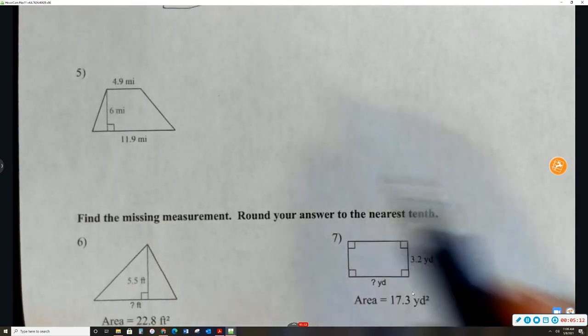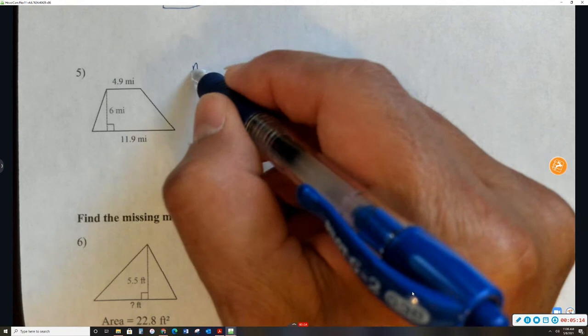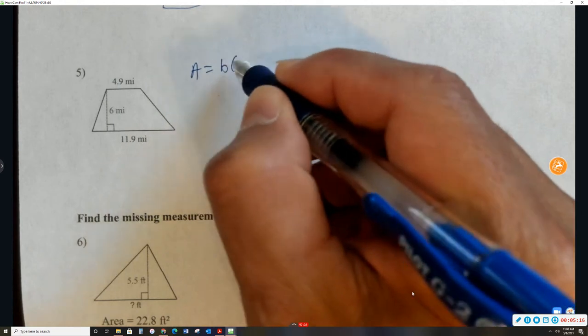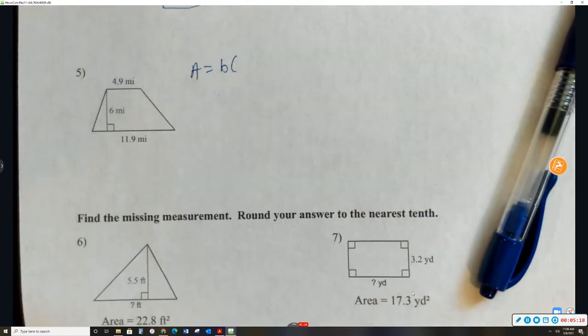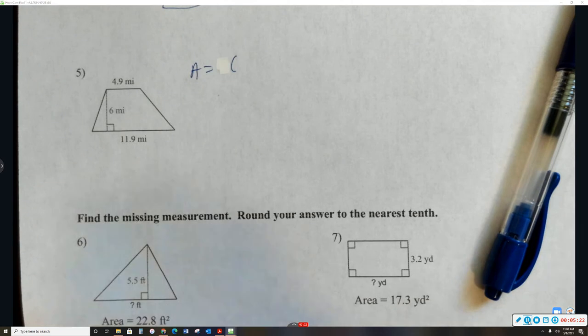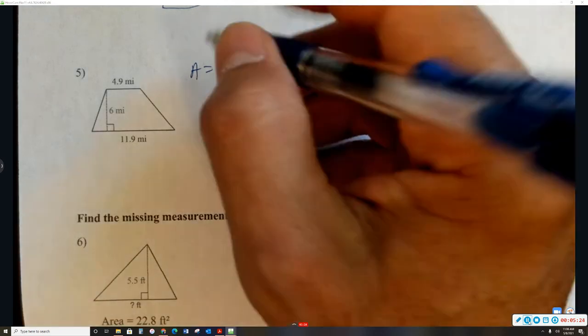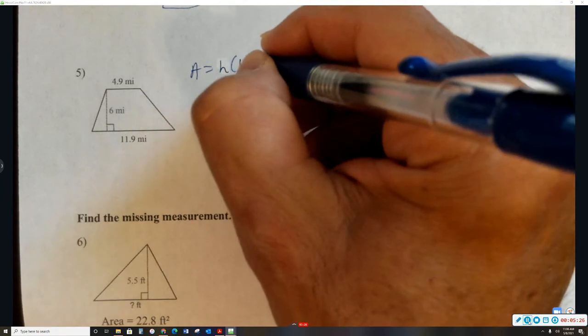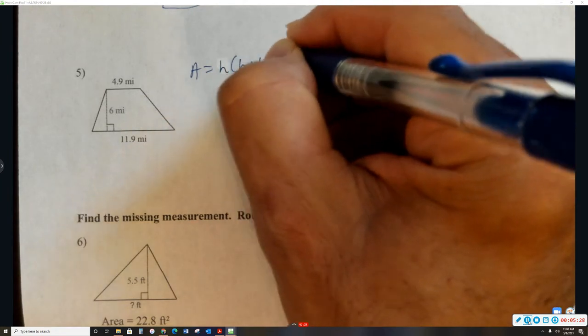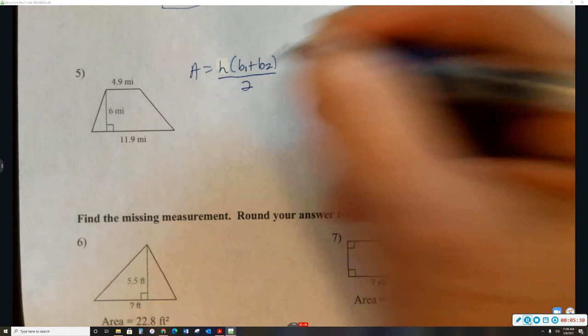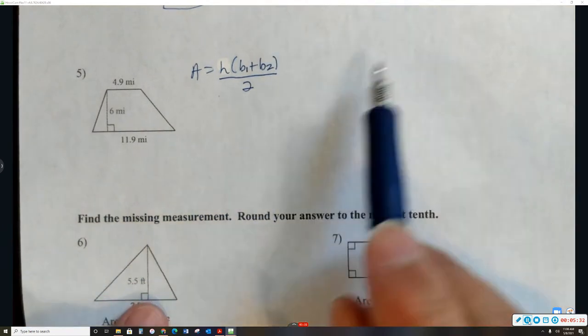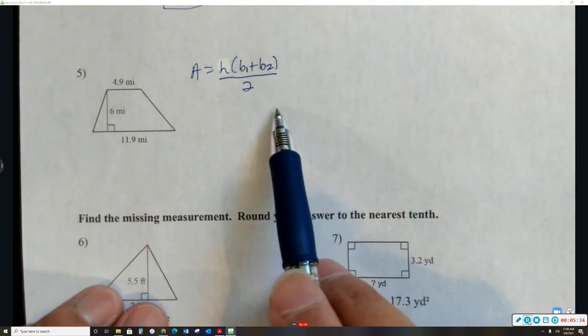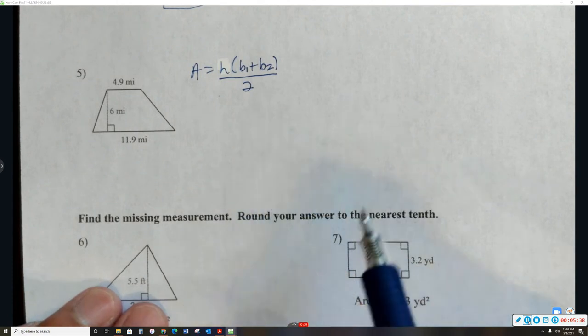And then for 5, again, you should recognize that as a trapezoid. And this, oh, that should be an H. And the formula here is height times base 1 plus base 2, and all of that gets divided by 2. And again, all these formulas you don't have to have memorized. You just have to have them written down in your notebook, and you can use your notebook for the test.